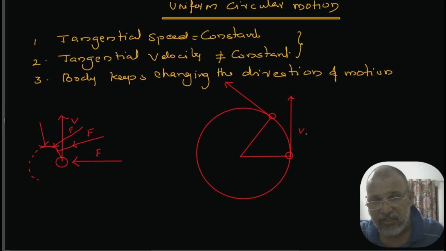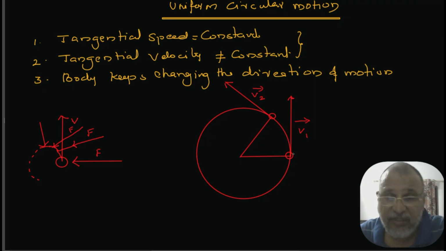So we can say this is V1, with an arrow to make sure that this is a vector. This is V2. So what does it mean now? If this has to happen, we need to apply a force perpendicular to the motion at every instant. Here, you need to apply a force in this direction.